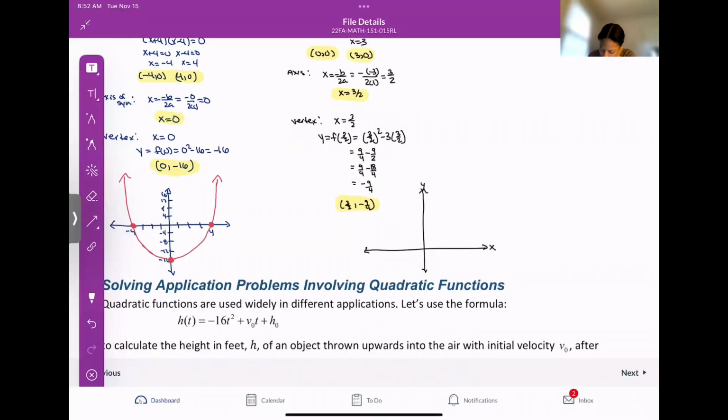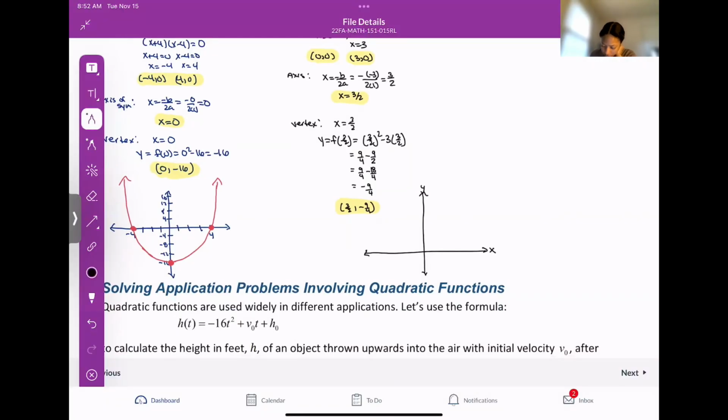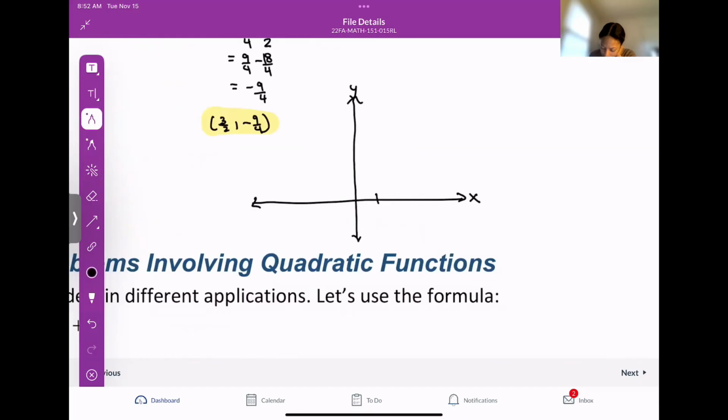So let's go 1, 2, 3, 4. 1, 2, 3, 4. I want my y-axis to go down a little bit more, just so I can get 1 and 2 in here. So -1, -2.